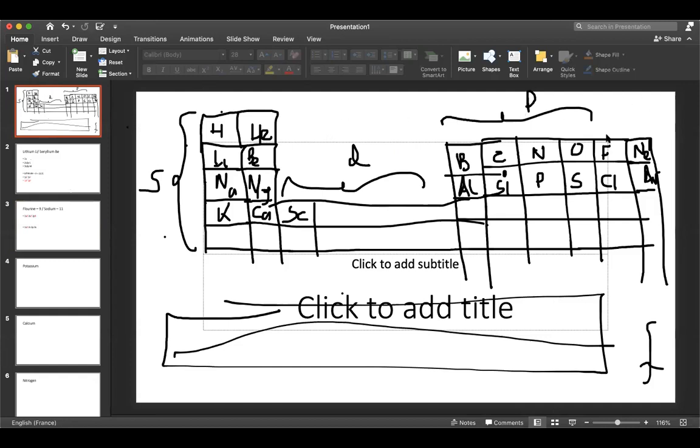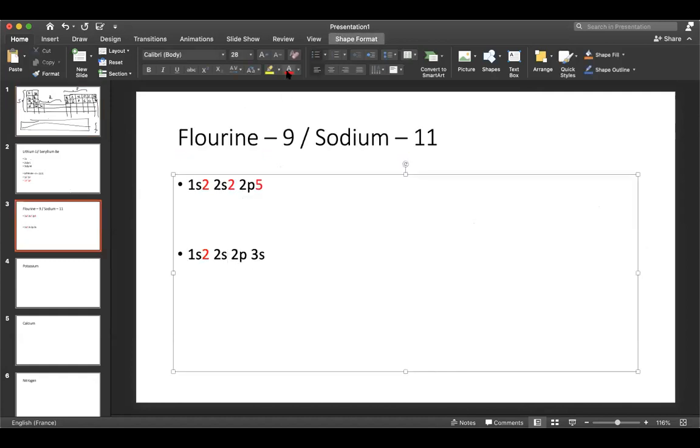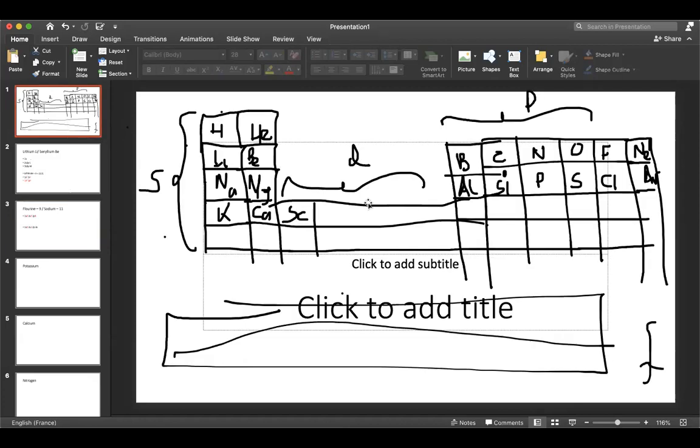For the p in the first period, there is nothing, so automatically you start again on the second orbital. For the second orbital, you still count: 1, 2. You come here and say there are 2 electrons. Then you go to the p side for the second period.